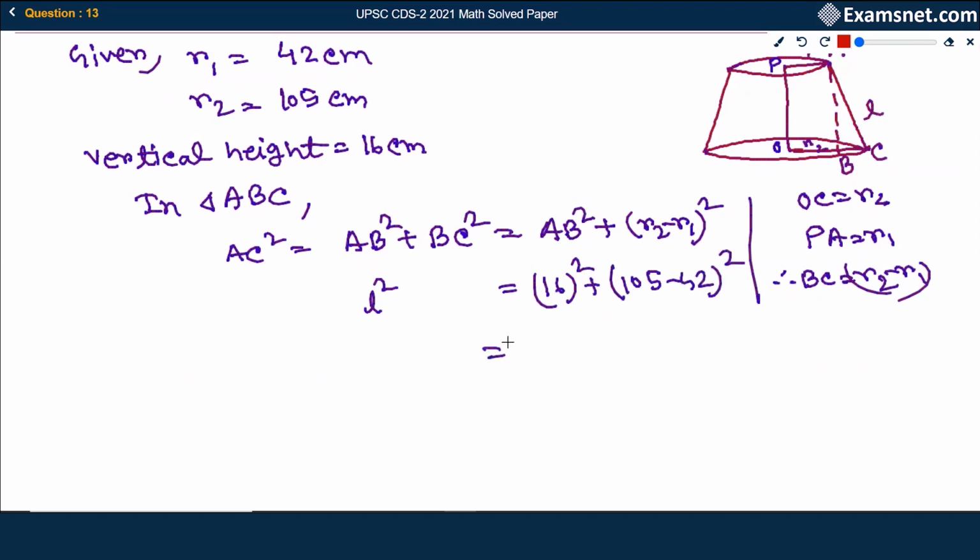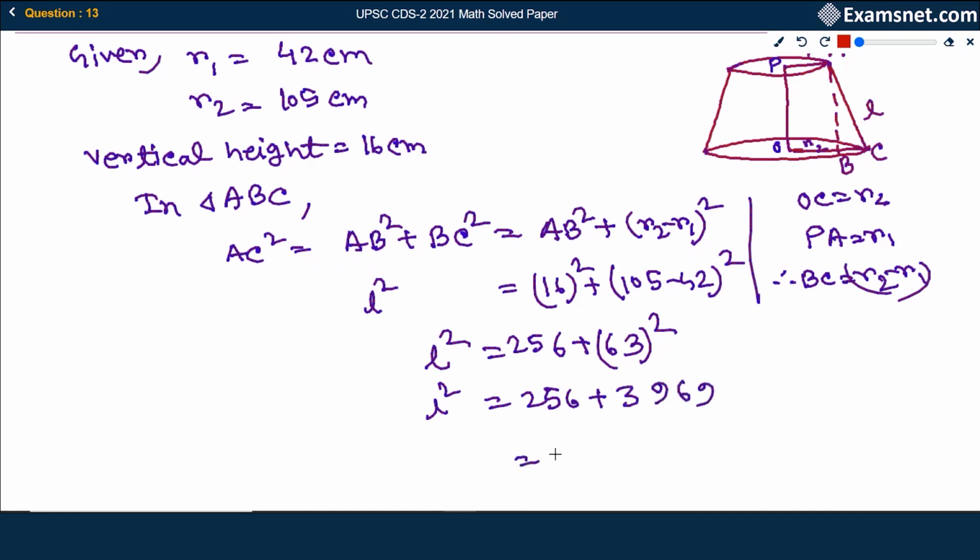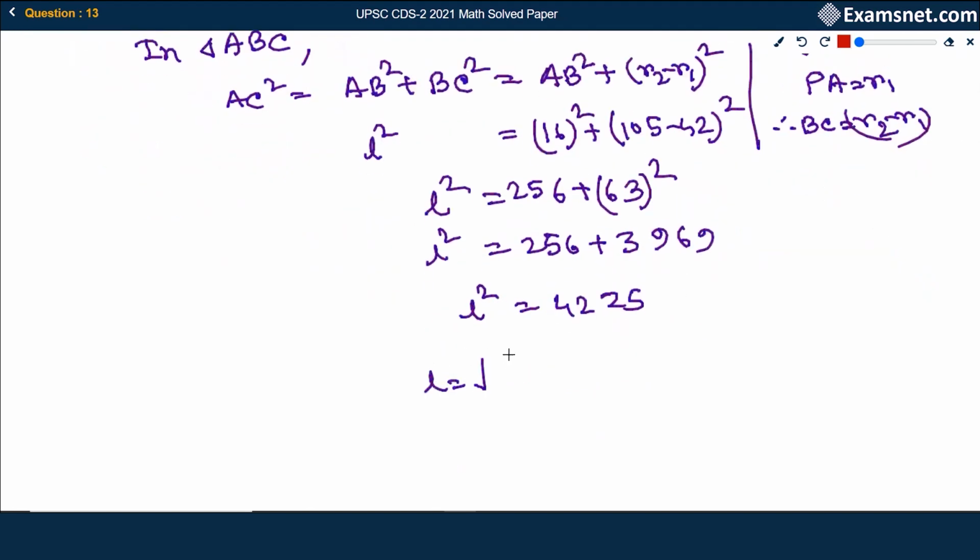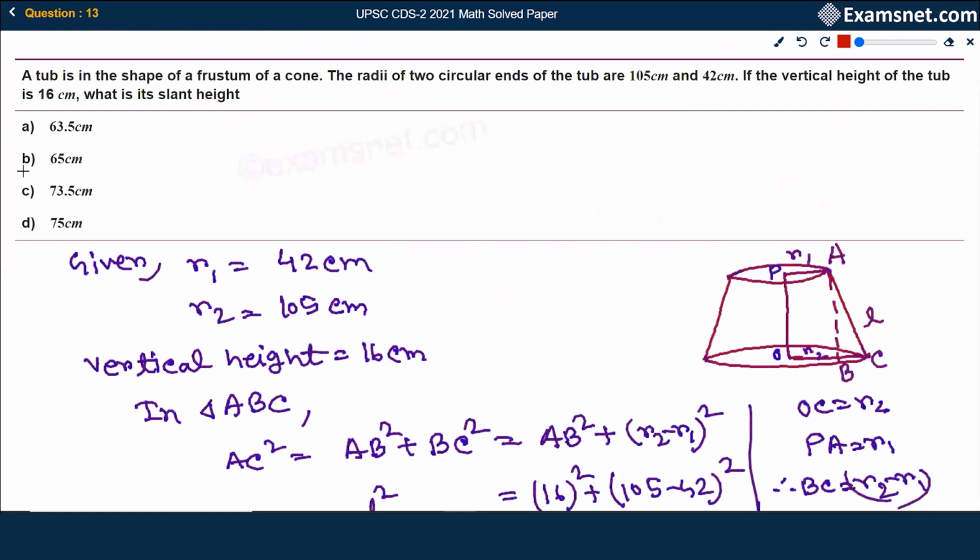That will give us 256 plus 63 whole square, 256 plus 3969, which is 4225. So L square equals 4225, and if we find the square root of 4225, we will get 65 centimeter. Hence, the slant side is 65 centimeter. Here, option B is the correct answer.